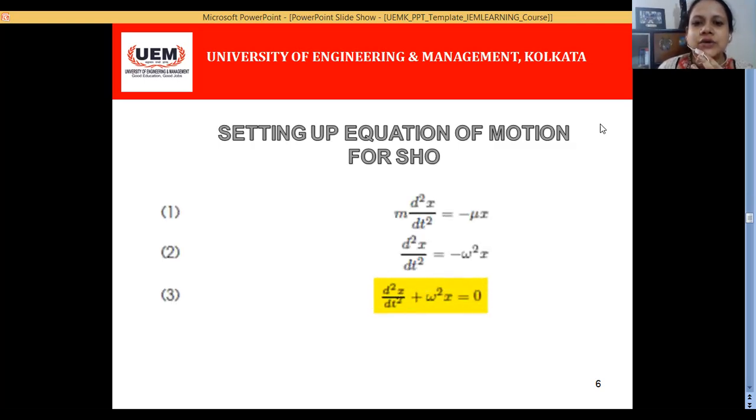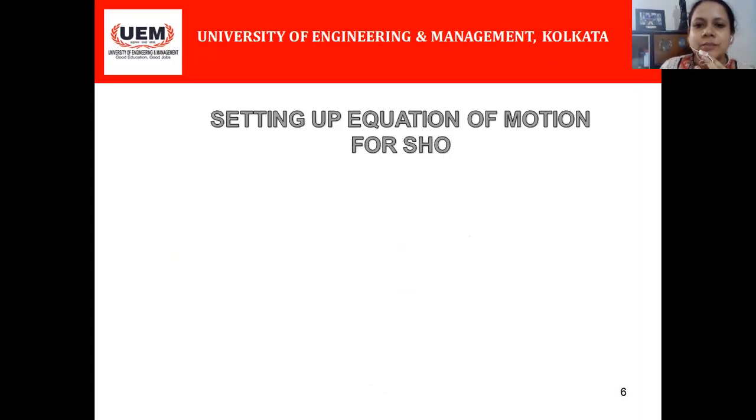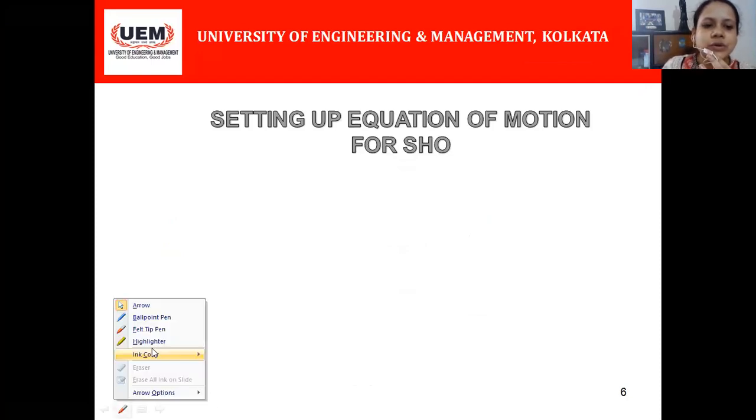As you all know, Newton's second law of motion tells us that the force acting on a body is equal to its mass into acceleration. So we are going to use this basic law of motion.